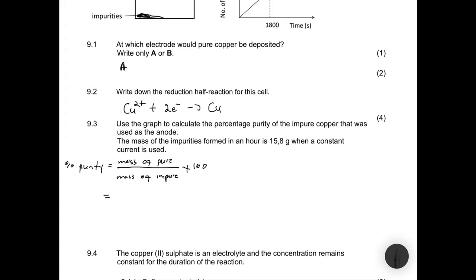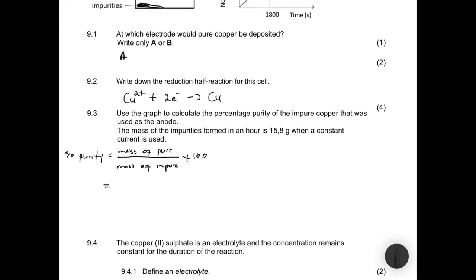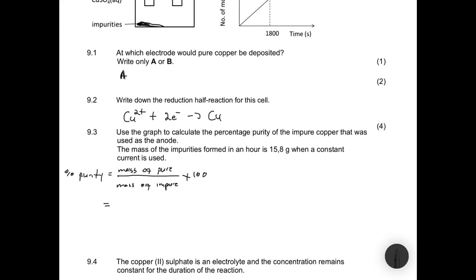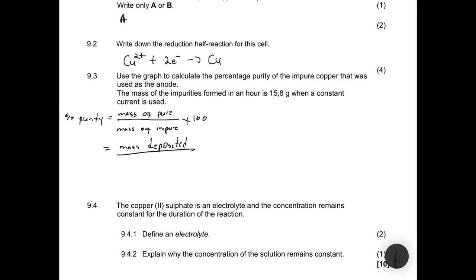The mass of the pure sample will be the mass deposited at the cathode, right? So here we're gonna have mass deposited, and then the mass of impure will be mass deposited plus the impurities that are left behind, right?